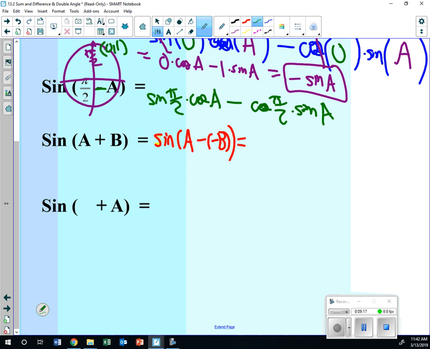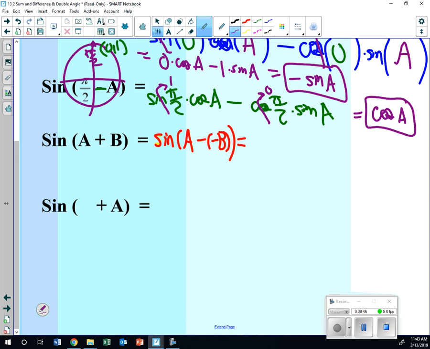So the sine of pi over 2 is 1, and the cosine of pi over 2 is 0. So that's going to give me 1 times cosine a minus 0. Cosine of a. Did anybody else get cosine of a for that? But doesn't that make sense? The sine of pi over 2 minus a is cosine, and the cosine of pi over 2 minus a is sine. That makes sense.